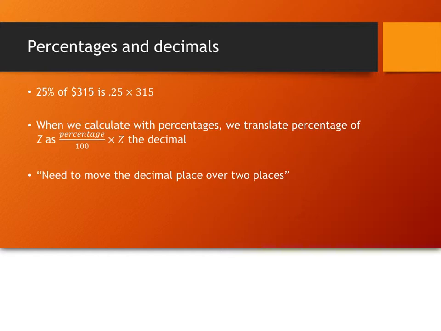But in general, it's always the percentage over 100 times the original. Again, dividing by 100 basically has the effect that you move your decimal place over 2 spots. So 25% becomes 0.25. And if you did 8%, you'd have 0.08. And so on and so forth.